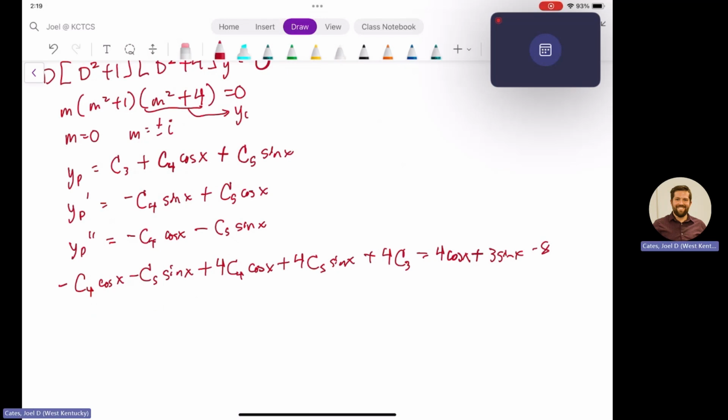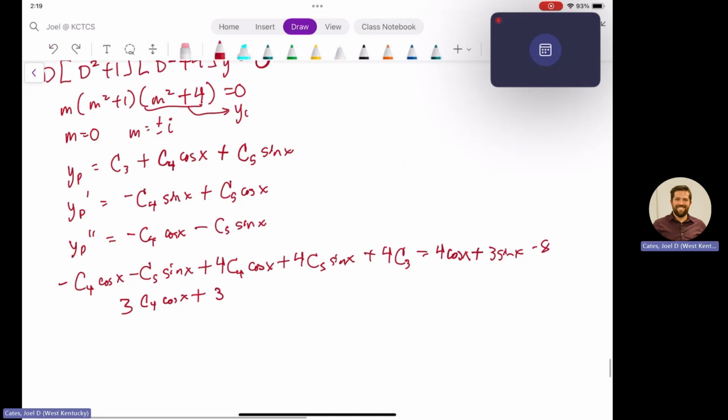Now, let's think through this. We've got 3 c sub 4 cosine of x plus 3 c sub 5 sine of x plus 4 c sub 3 is equal to the 4 cosine of x plus 3 sine of x minus 8.